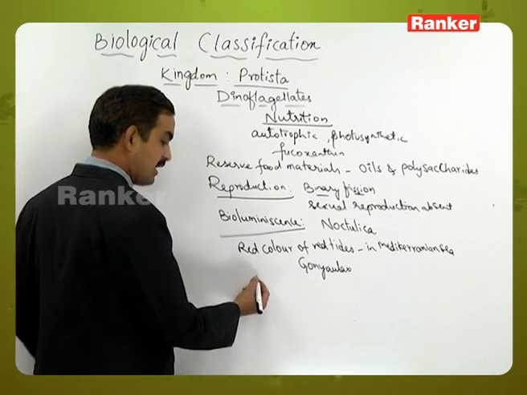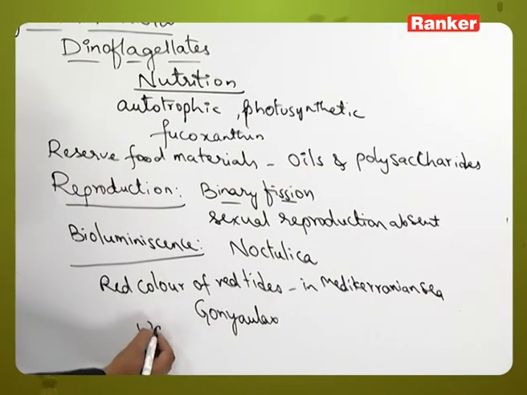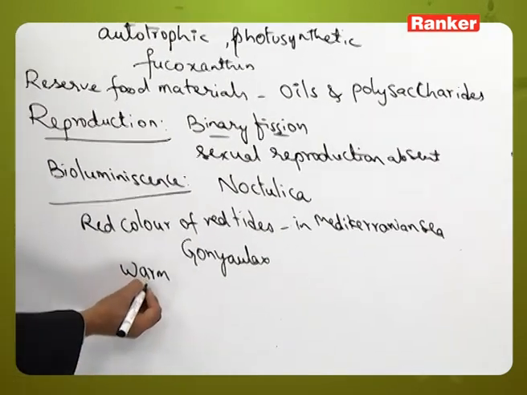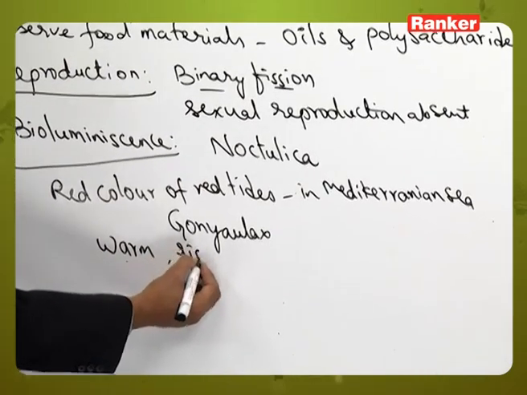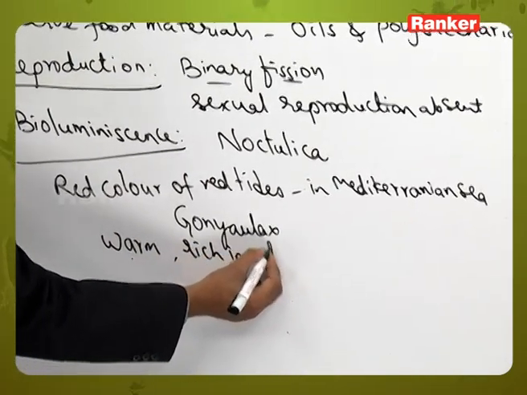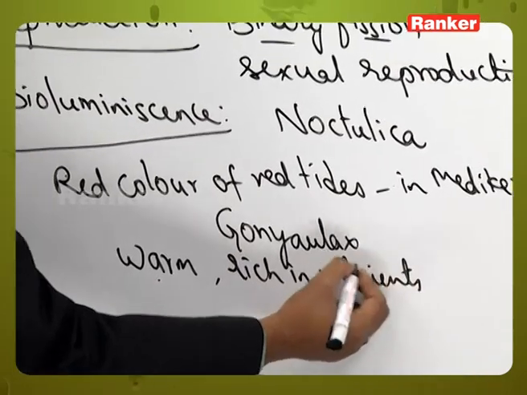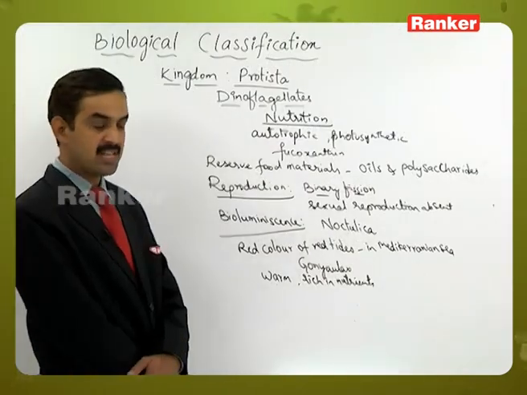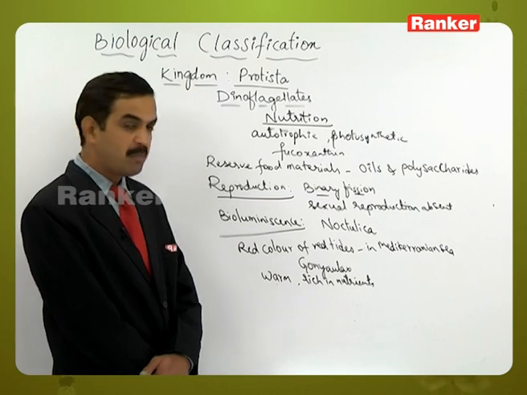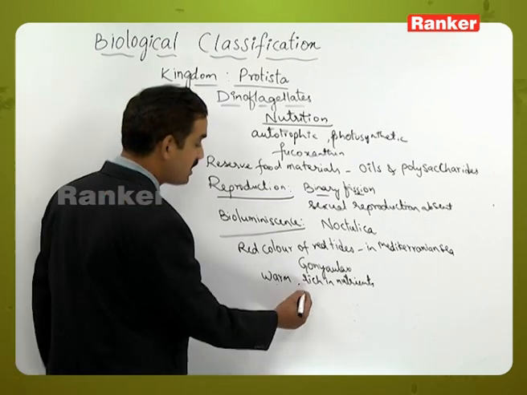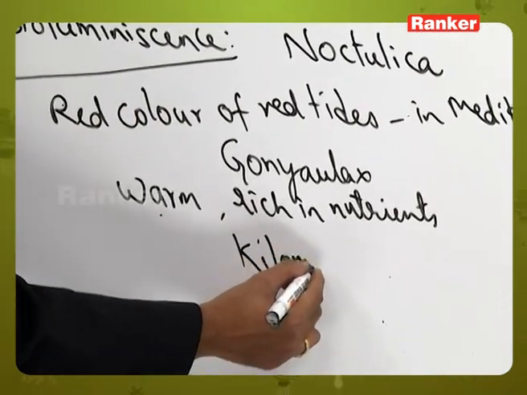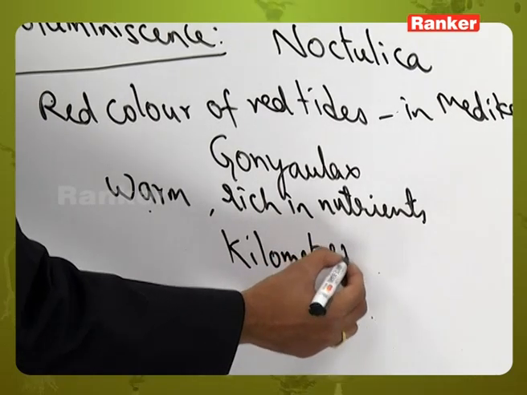This property is exhibited by Gonyaulax. They provide red color to the red tides of the Mediterranean Sea because of the dominance of the red color pigment compared to the normal chlorophyll pigments. They do this when they are warm in nature and rich in nutrients. And of course the red color will spread up to some kilometers in the Mediterranean Sea.